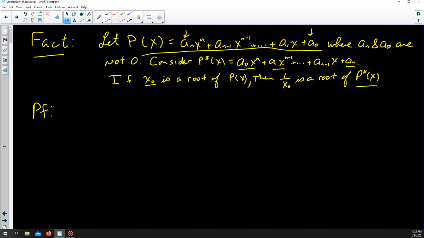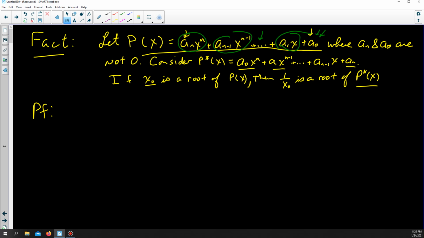Now, x0 cannot be 0 because of this constant not being 0. If x is 0, then that term would be 0, and that term would be 0, and all of those terms would be 0, and this term would be 0. You add up all those zeros, you get 0.